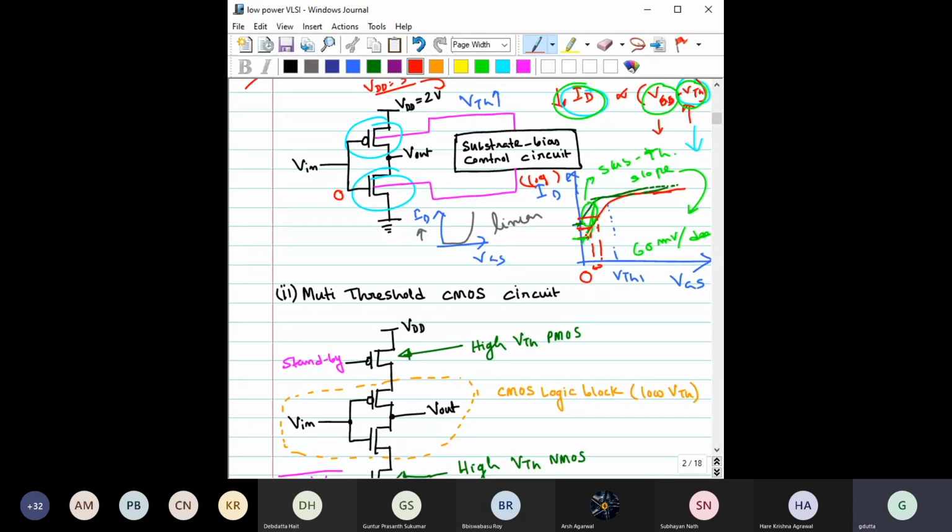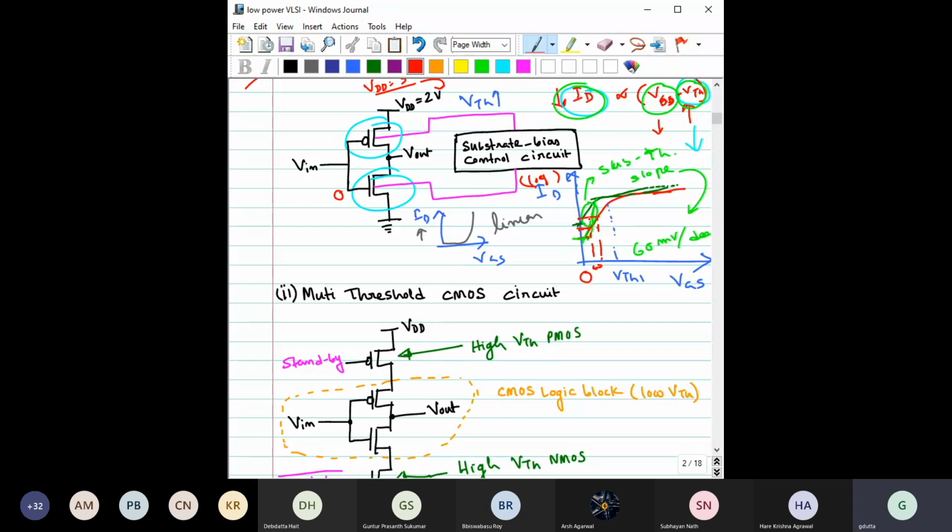That means to change the subthreshold current by 1 decade, to make it 10 times, that is the change in VG you have to make. Practically, for modern MOSFETs we cannot even reach 60 millivolt per decade; it will be a bit higher, say 70 millivolt per decade. It is not easy to reduce the subthreshold leakage for silicon MOSFETs that drastically, so adjusting the subthreshold leakage by changing the slope is not feasible.